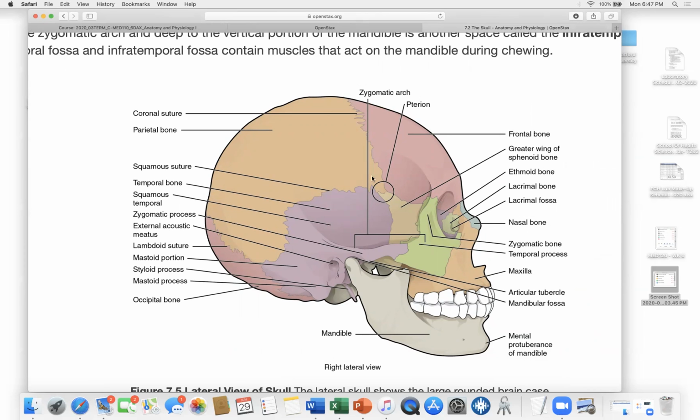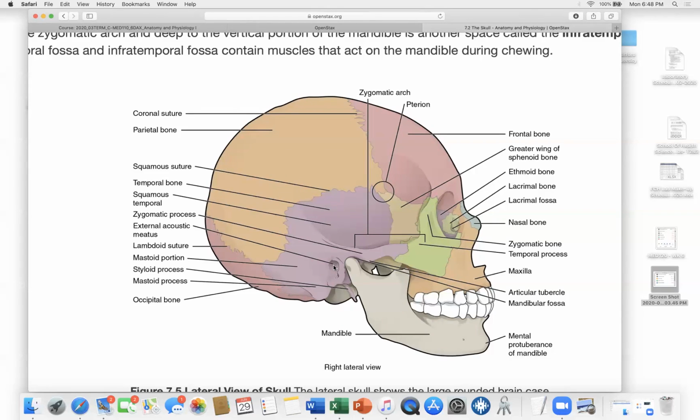So you have a coronal suture here between your frontal bone and your parietal bone. And you have your mastoid process here connected to your muscle, sternocleidomastoid, which helps move and turn your neck, right? Mastoid process here. You have a meatus.